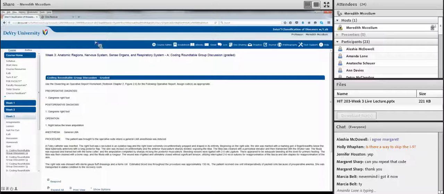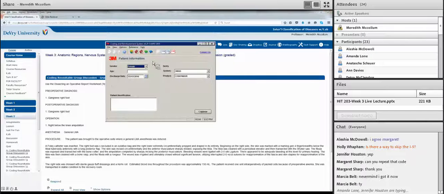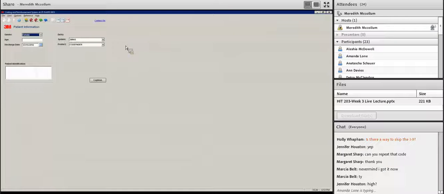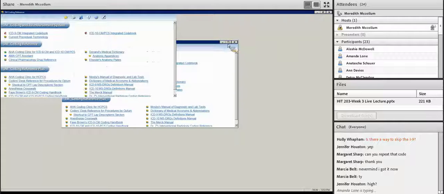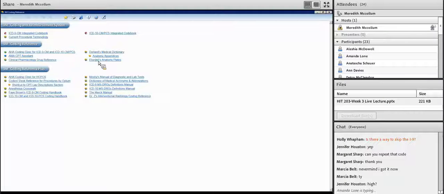And again, I know that I showed this to you before, but I highly recommend that you go into right here where it's the stack of books, and look at the anatomy plates.